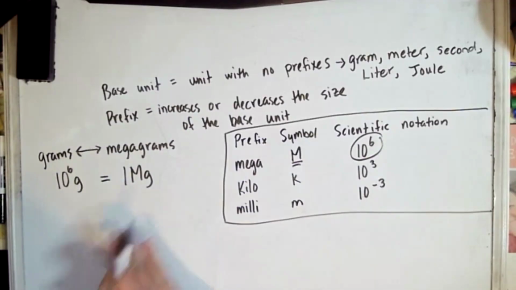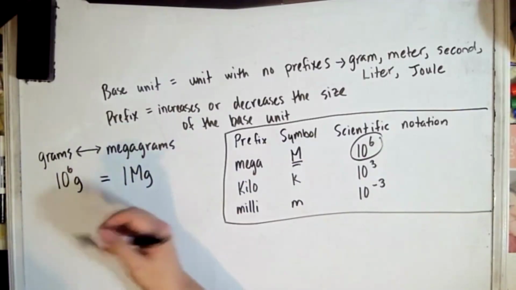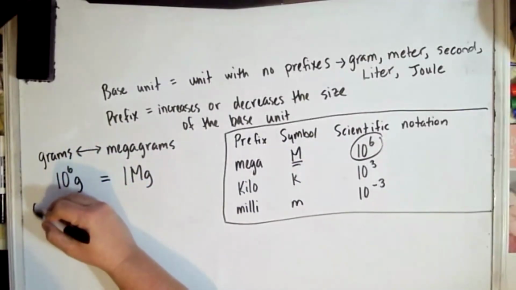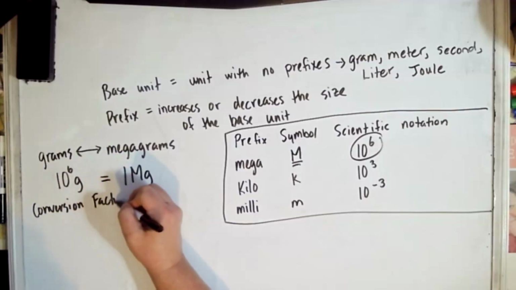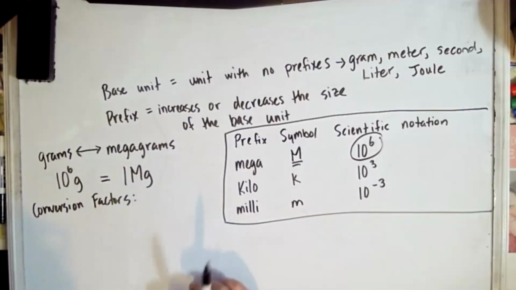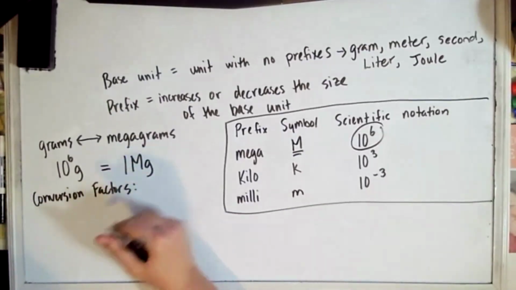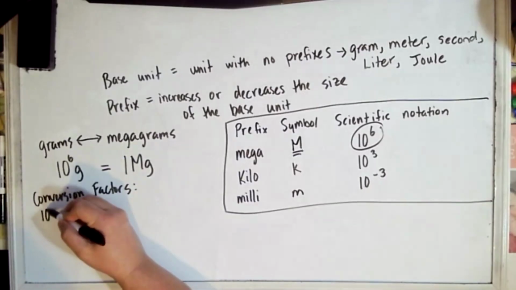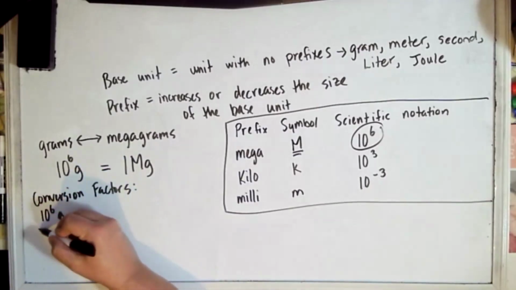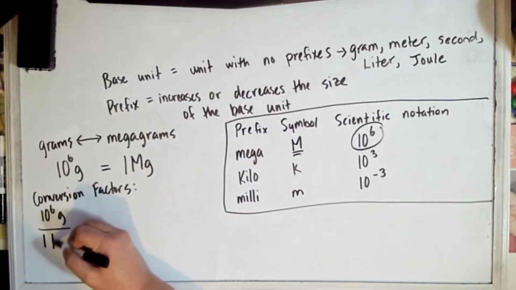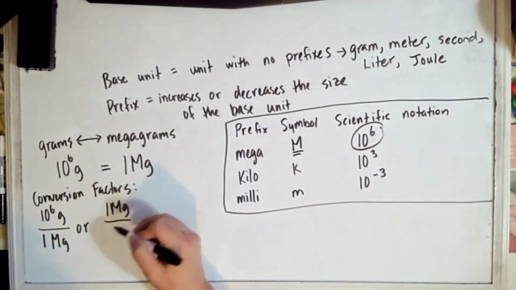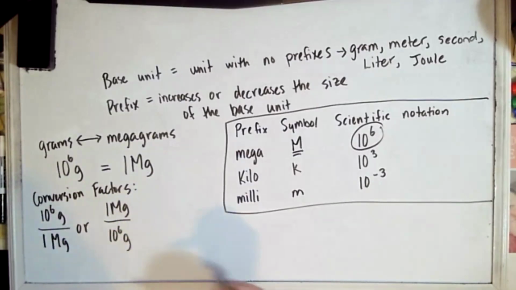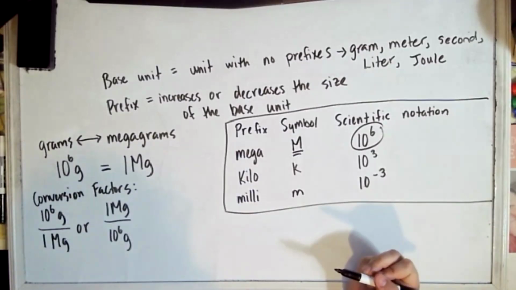That's our equality. And from the equality, you can build your conversion factor. There are two conversion factors that you can write from every equality, right? So the conversion factors that go along with this will be that 10 to the +6 grams are in every 1 megagram, or 1 megagram per 10 to the 6 grams.